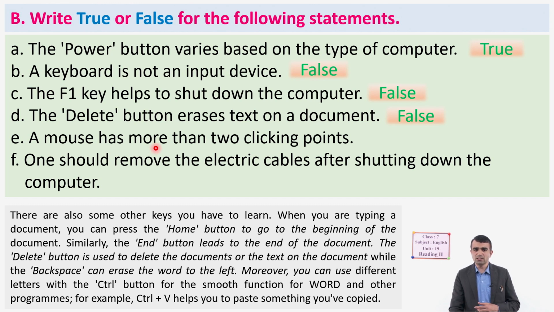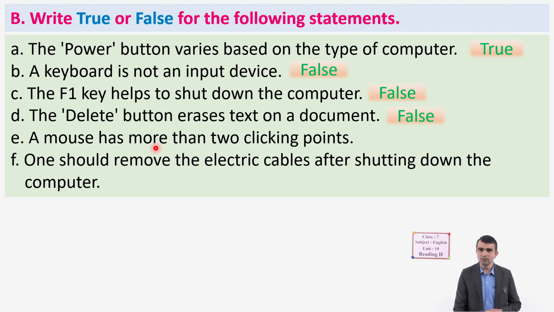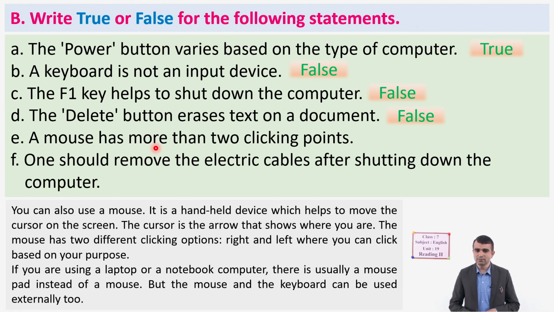Okay. E. A mouse has more than 2 clicking points. Are there many clicking points? Let's see. Well, see here. You can also use mouse. It is a handheld device which helps to move the cursor on the screen. The cursor is the arrow that shows where you are.